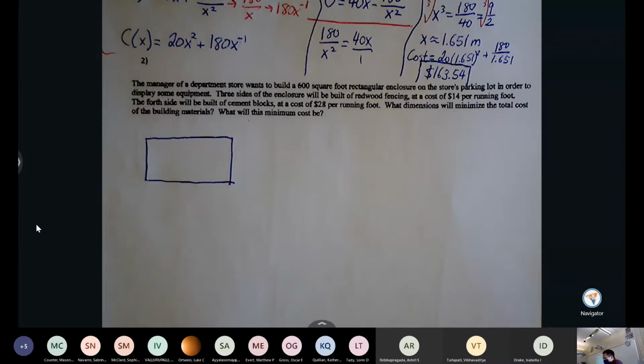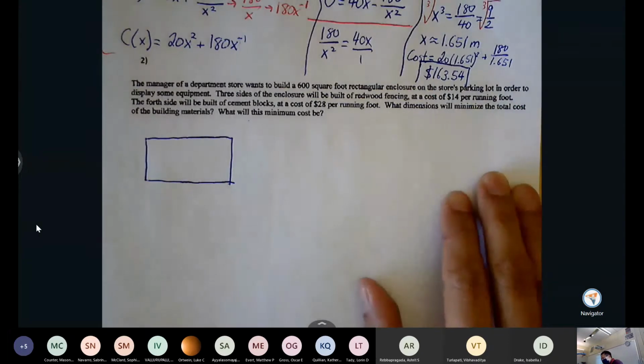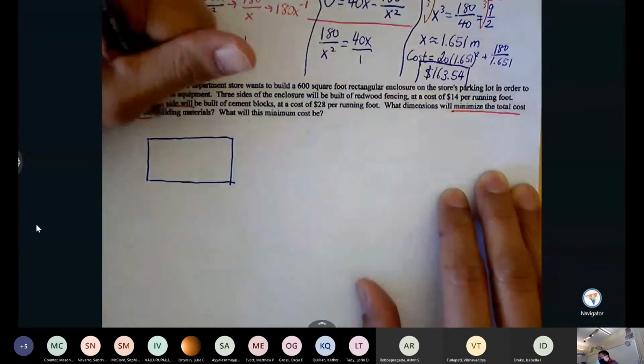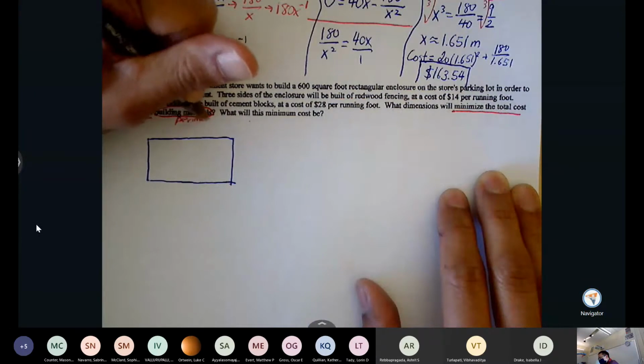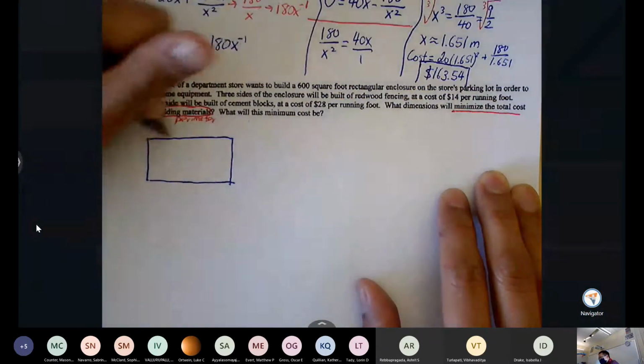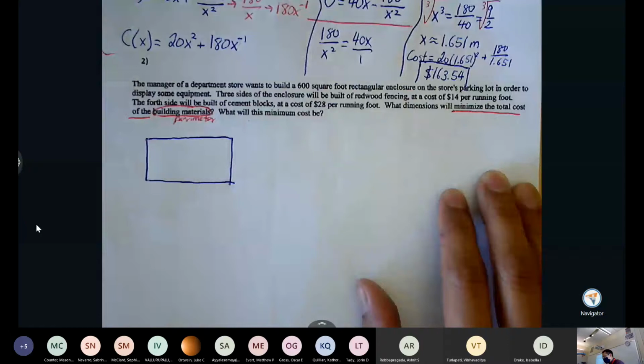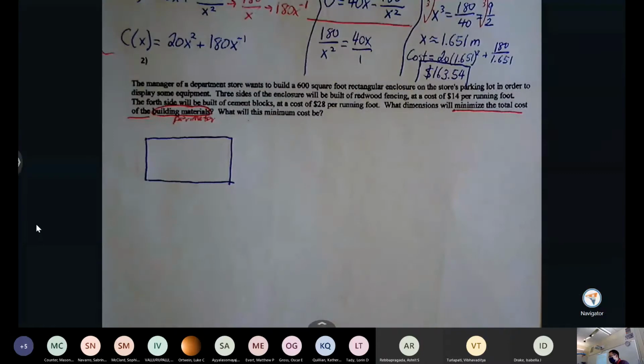What dimensions will minimize the total cost? So we're trying to minimize cost. The building material is going to be perimeter related. We're looking at each of the sides, that's what's going to cost money, right? Not the area, it's going to be the perimeter.